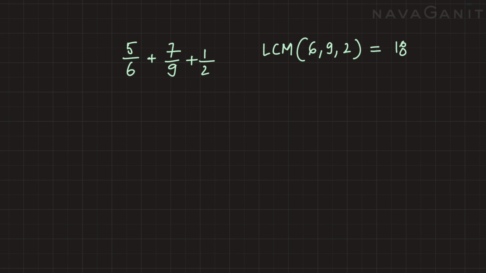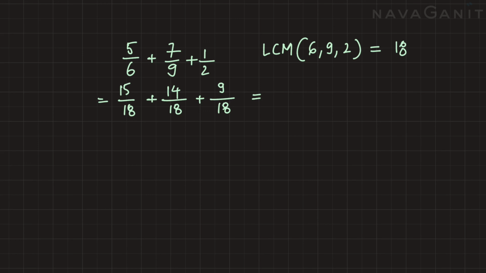We have to rewrite each fraction so that the denominator is 18. So this is something by 18 plus something by 18 plus something by 18. What is this something? First case, 6 will turn into 18 if we multiply it by 3. So if we multiply 5 by 3, we will get 15. So 5 by 6 can be written as 15 by 18. Similarly, 7 by 9 can be written as 14 by 18. And finally, 1 by 2 can be written as 9 by 18.